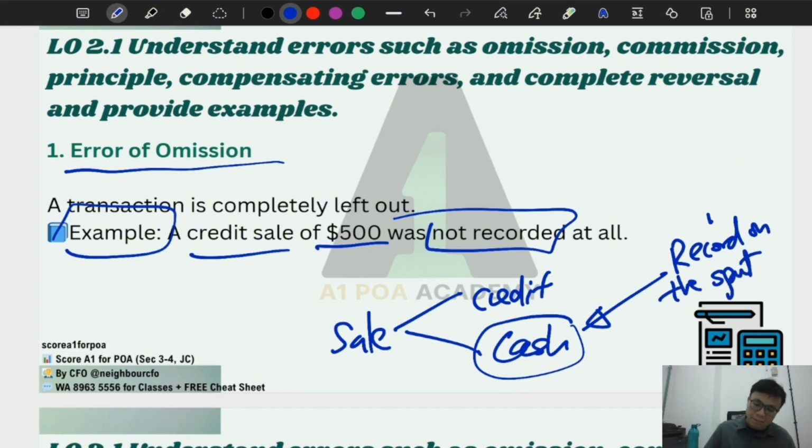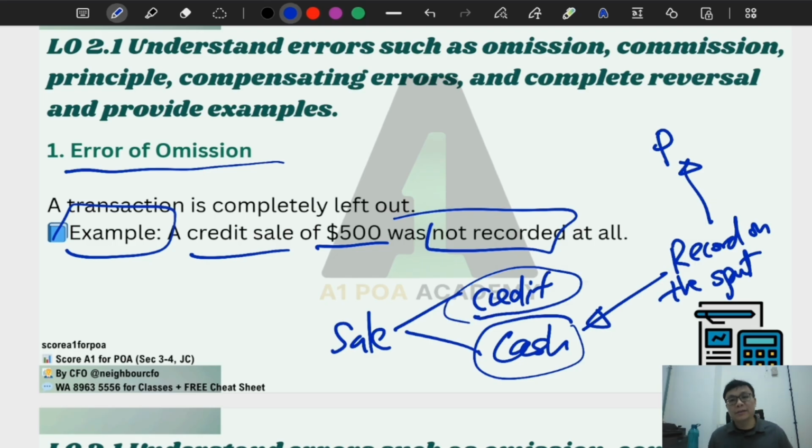So let me give you an example. It's just like a B2C business, business to consumer, where you have a POS system. Your walk-in customer comes in and buys groceries or maybe clothing from you. When you receive the cash, in return you pass the goods to your consumer, and the POS system would have recorded the transaction instantly.